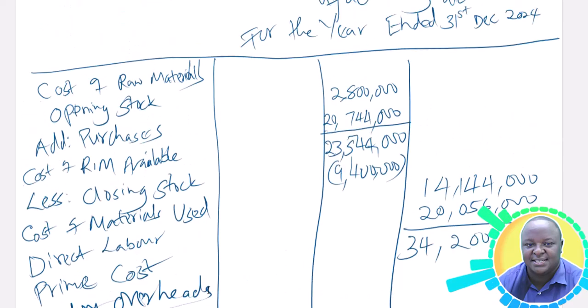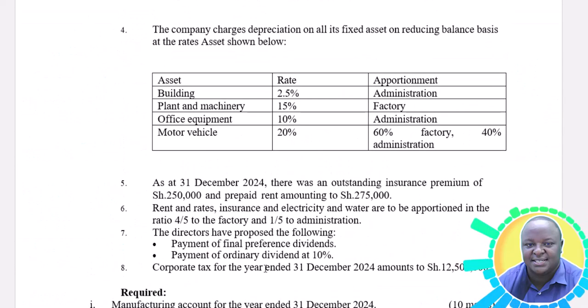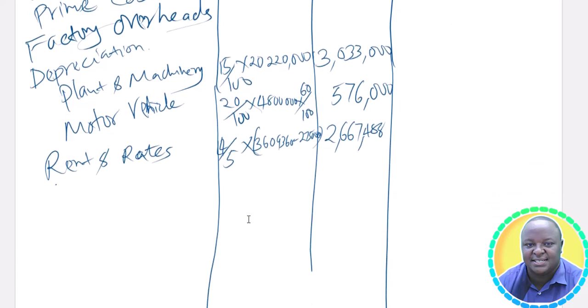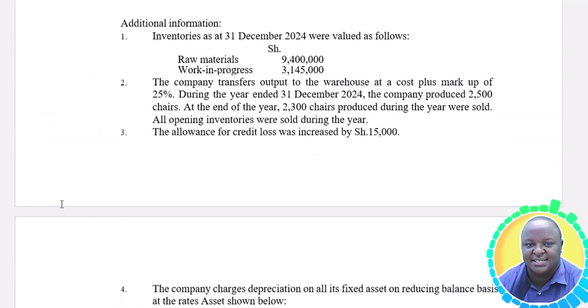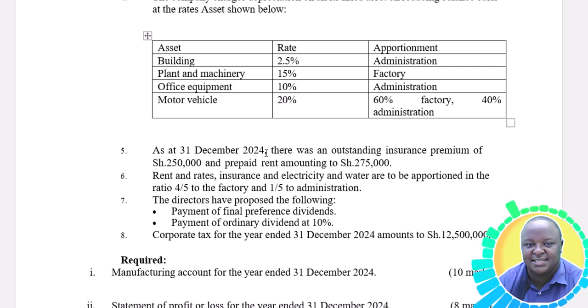Then next, we have been told about insurance. So next we shall talk about insurance. Here we have been told there was an outstanding insurance premium of 250, and that rent and rates, insurance and electricity to the factory were apportioned 4/5.